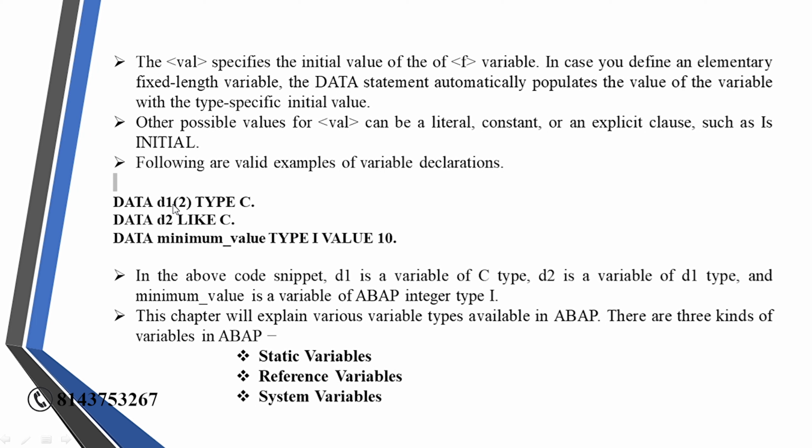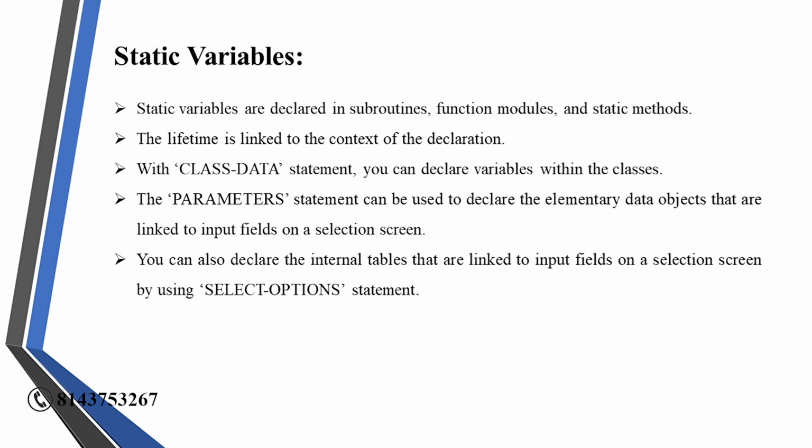So here we have three types of variables in SAP ABAP: static variables, reference variables, and system variables. Static variables are those defined inside subroutines, function modules, or static methods, where the value is defined inside the program itself.